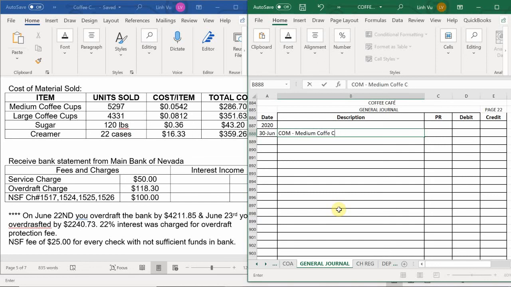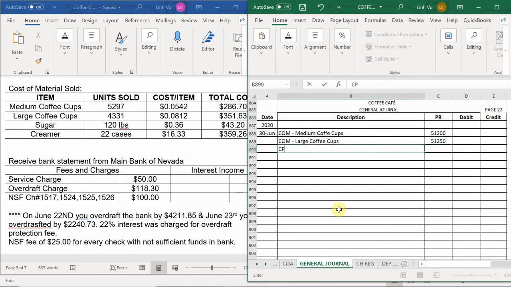Medium coffee cups for account number 51200. Good. Okay. And then the same for large coffee cups, 51250.